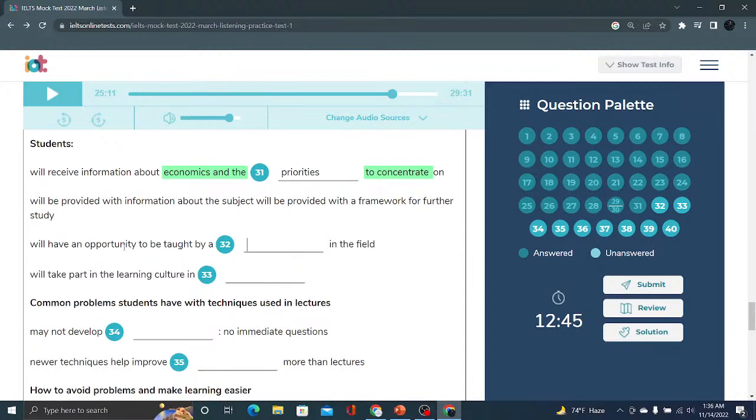We'll have an opportunity to be taught by a... in the field. The lectures will provide you with information about the subject in a relatively condensed format. In addition, they should also provide a suitable framework for further study.